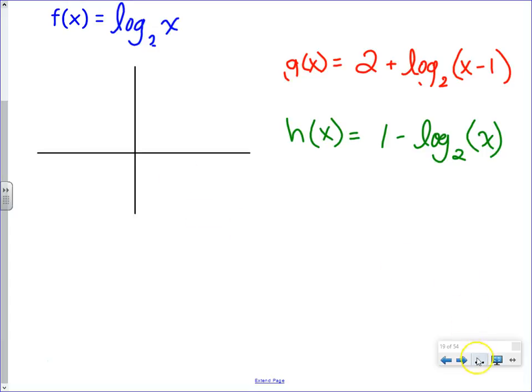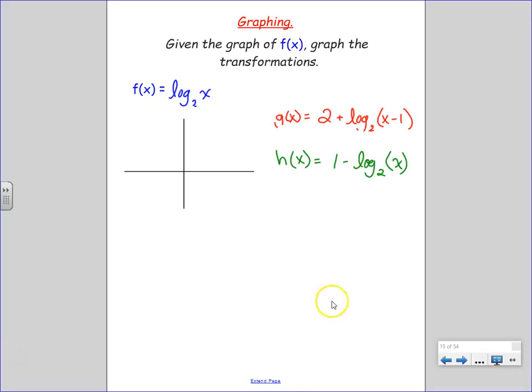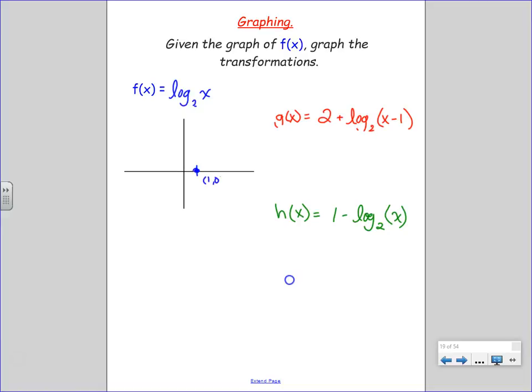We're going to start with just a general log base 2 of x. You've already seen a log base 2 of x. So I'm going to use him as our parent function for this one. We already know he has, just like all basic logarithms that haven't been shifted, an x-intercept of 1, 0. He's going to have a point at 2, 1.